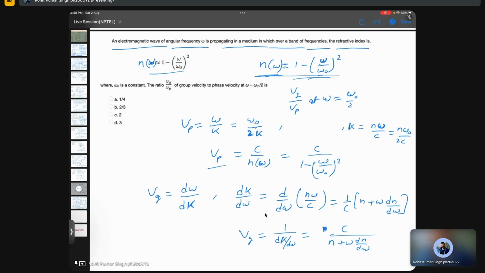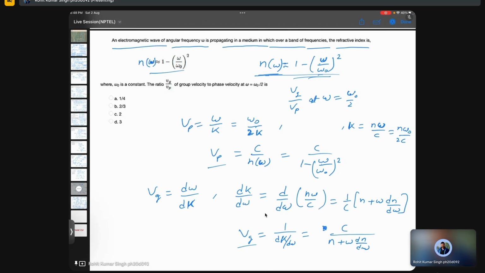Now if you take the ratio of these two, phase velocity by group velocity, what do you get? Or first you can compute these two. So basically also you can compute dn by d omega from here. So dn by d omega, it will be minus 2 omega by omega naught, right? And you can put it here.